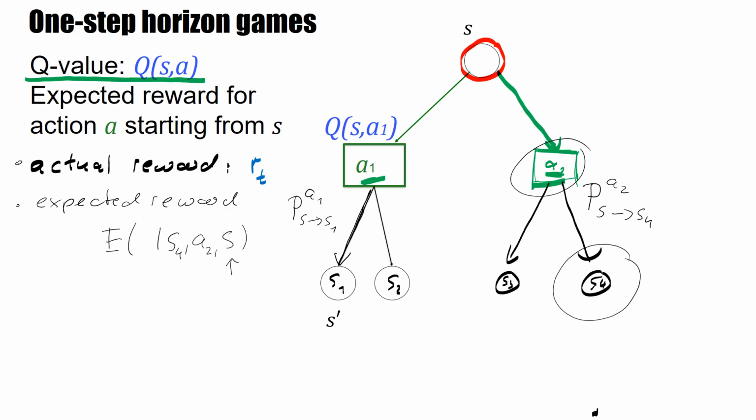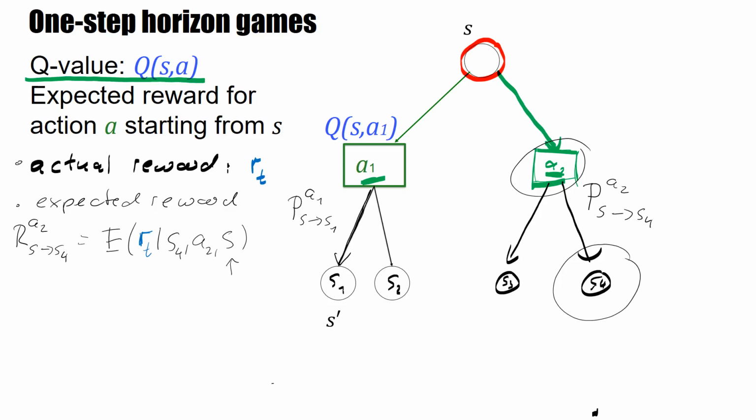And each time you record a certain reward, R_t. But this reward is not always the same. It's a machine with a stochastic component inbuilt. And so you have to take the expectation over several trials. And the end result of this is then the reward under this action A2 for the transition from S to S4.